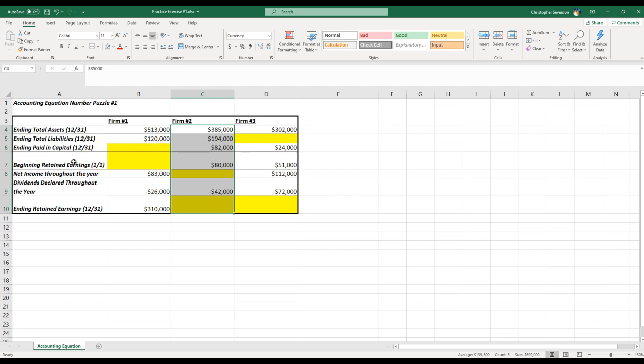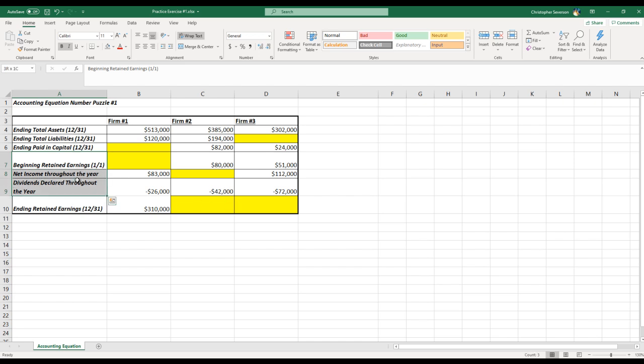In this particular problem, they have assets, they have liabilities. Now notice 1231 is the ending balance. But for equity, they don't just give us one nice total of equity. They give us all the components of equity, which would include capital, paid-in capital, and retained earnings. For retained earnings, they don't necessarily give you the ending retained earnings.